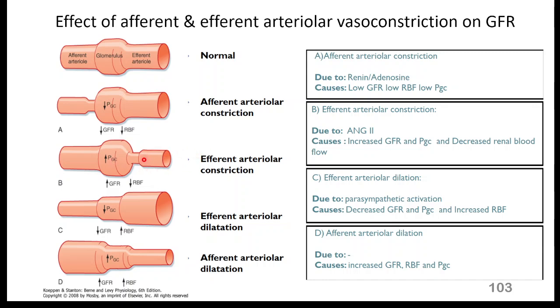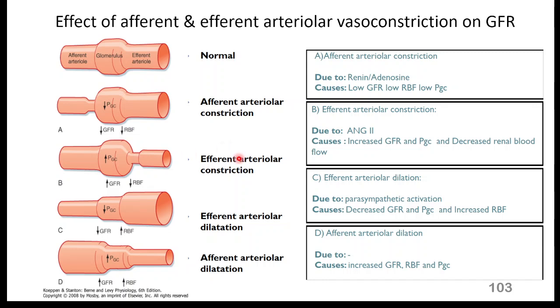So when this efferent arteriole is constricted, that will lead to a reduction in renal blood flow, because the blood is flowing in this direction. So whether you constrict here, which is in the afferent arteriole, or you constrict here in the efferent arteriole, it will still result in a reduction in the flow of blood, a reduction in renal blood flow.